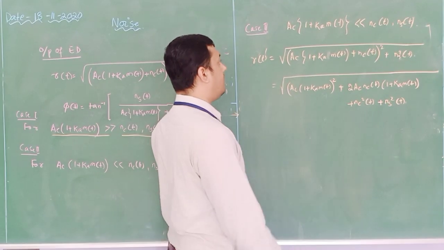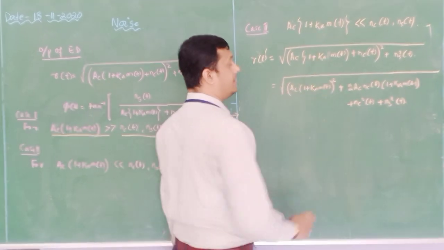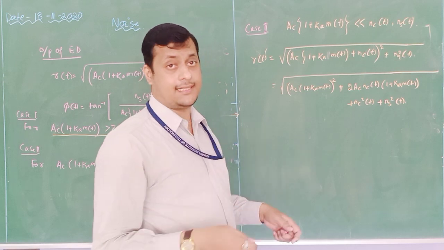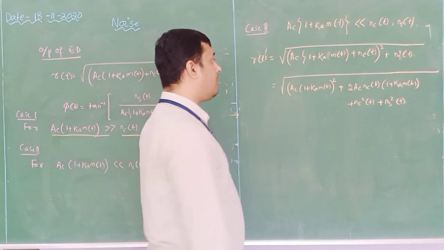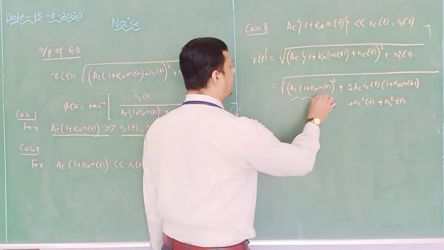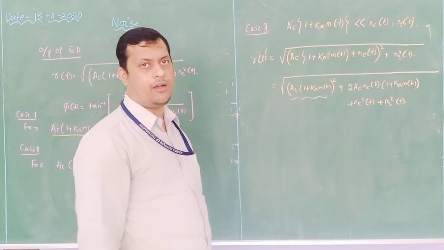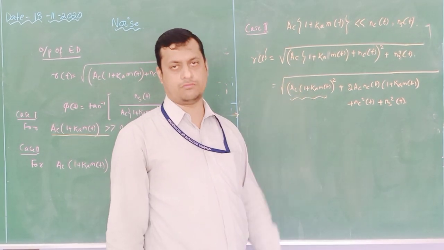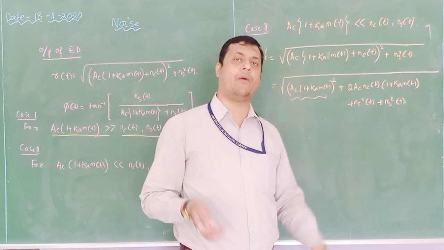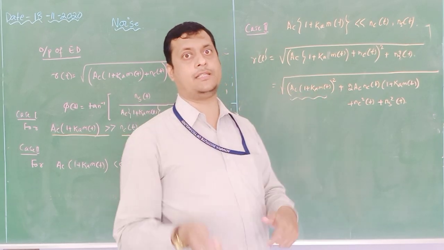Now, as we have considered, the amplitude of the modulated signal is very less with respect to the noise component. So this value will become small again, because if it is 0.2, let us consider this whole value is 0.2. If you take the square of 0.2, you will get 0.04, which is less than 0.2.